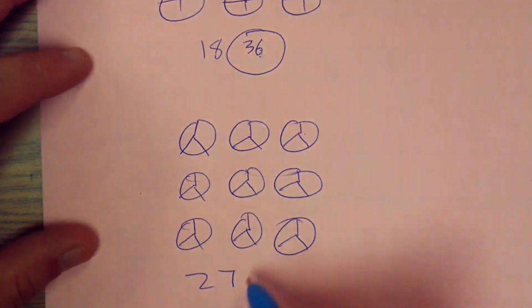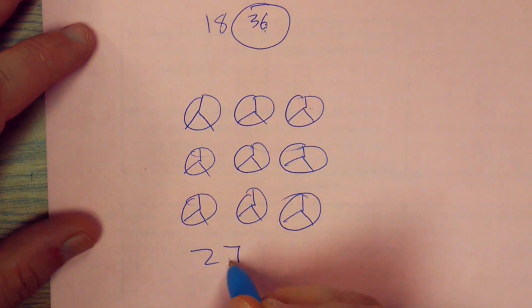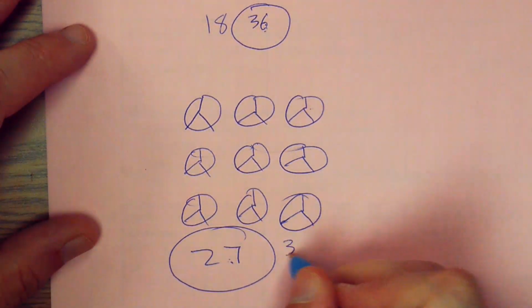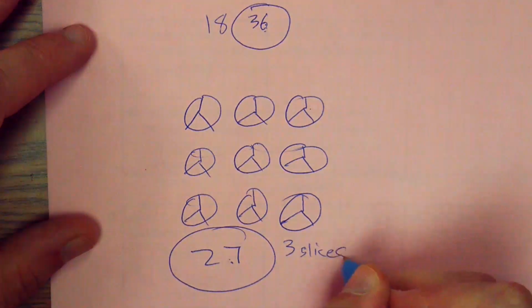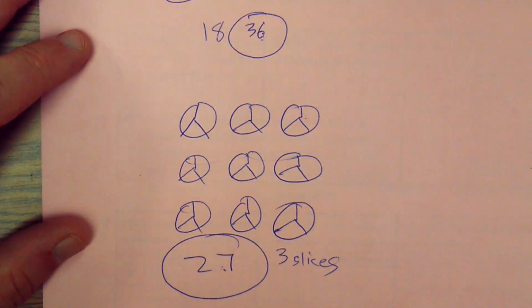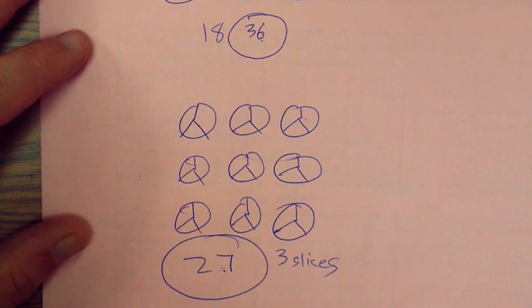So now I'm closer to 24, but I still have too many. So maybe the best that I can do to make sure that it's fair is I'm going to cut each pizza into 3 slices, which is kind of crazy. That gives everybody way more pizza than they need. 1/3 of a pizza per person? Wow. But that's up to you.